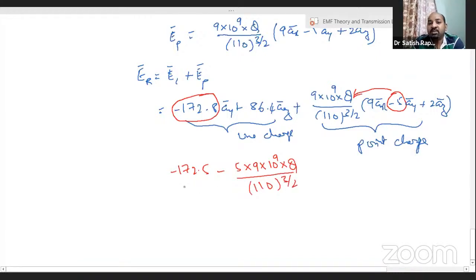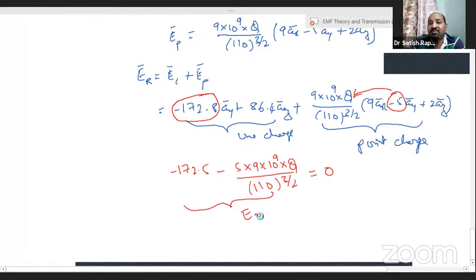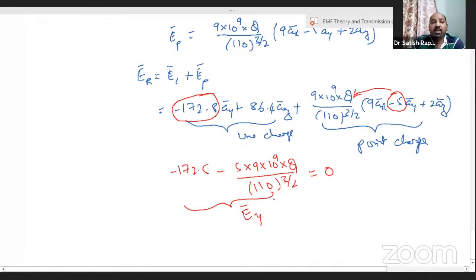So this is the y component from line charge, and this is the y component from point charge, and the sum is equal to 0. This is the total Ey, the y component of electric field. In this expression, the only unknown parameter is Q.